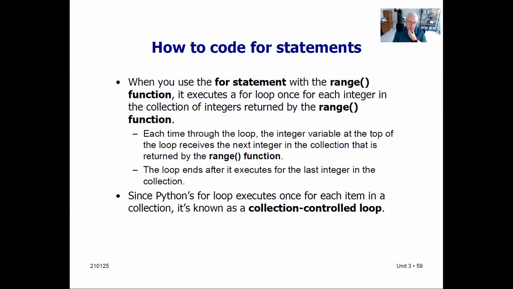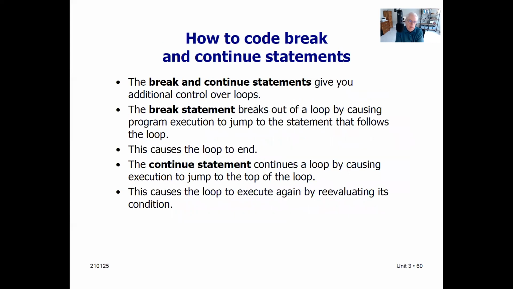So when you use the for statement with a range function, it executes the loop each time the range function changes to a different value. Okay. That is why it's called a collection control loop. Now, there are times in a for loop in particular where you want to break out of the loop based on something.